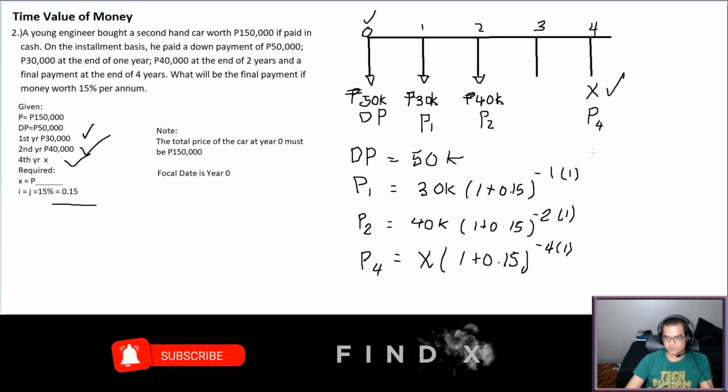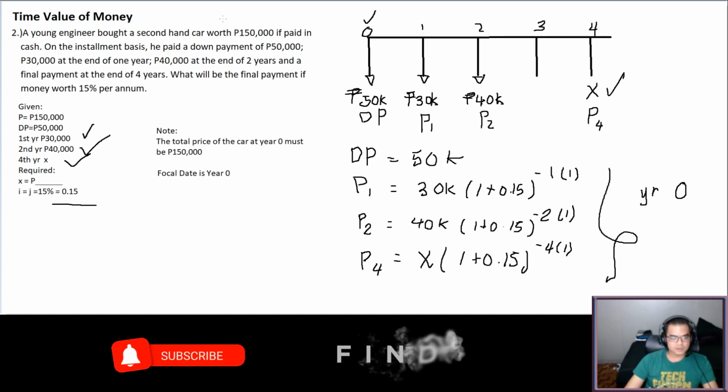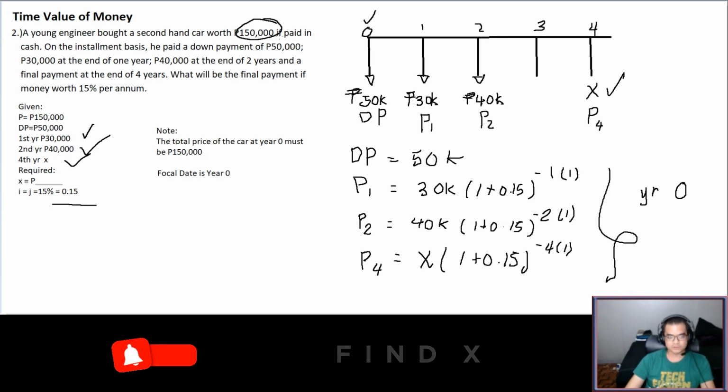Okay. So therefore, all of these values are at year 0 already. And the 150,000 is also at year 0, right? Because that is if paid in cash.